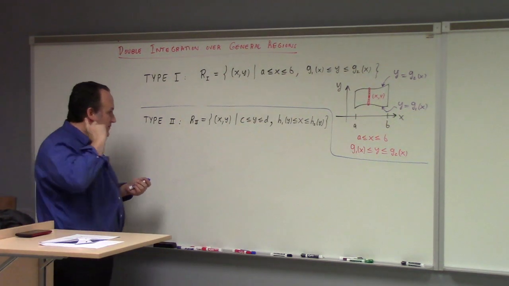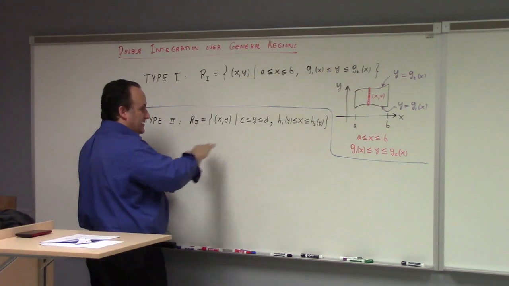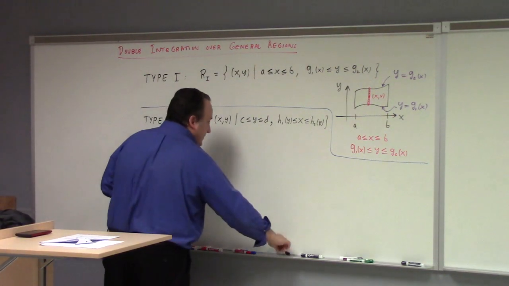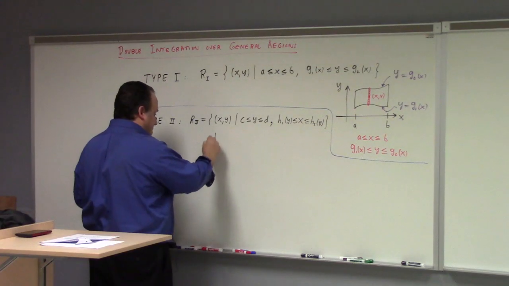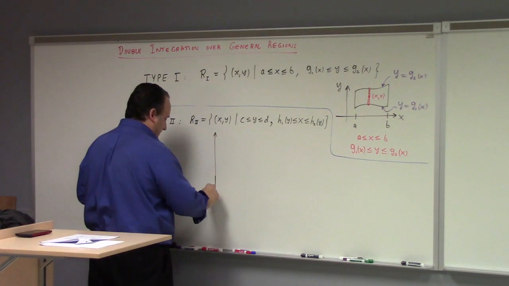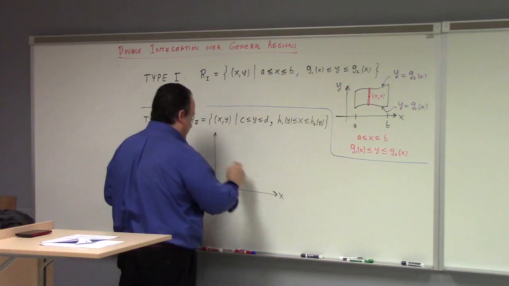But for a type 2 region, we have a clearly defined top and bottom, and the sides can be kind of wonky. So I'll make this one a little bit bigger. Here's x, here's y.